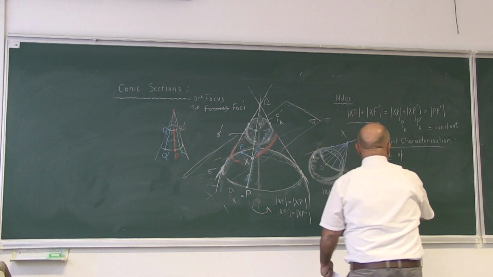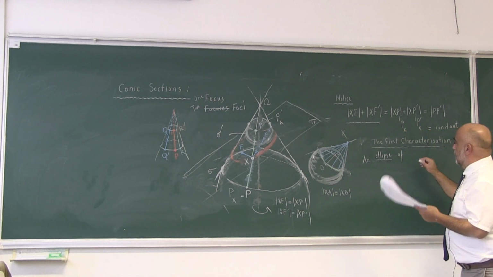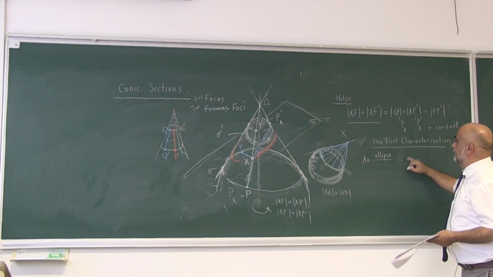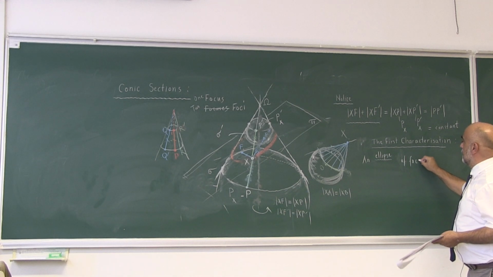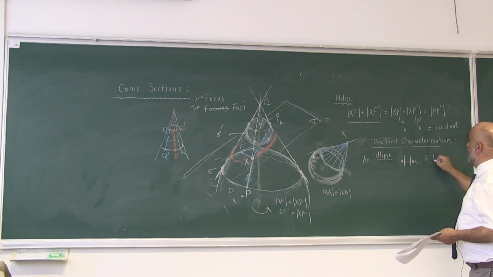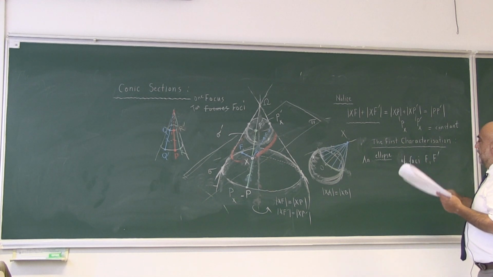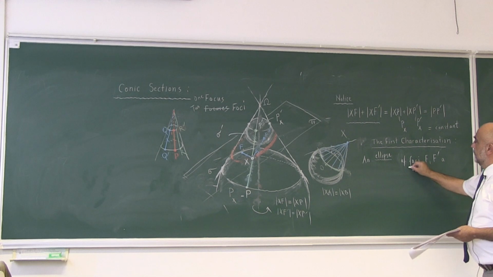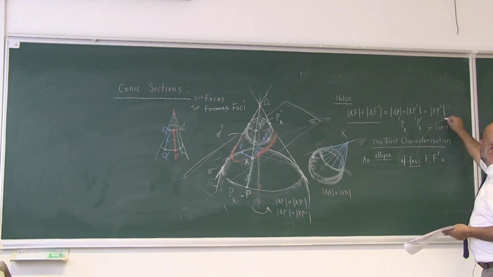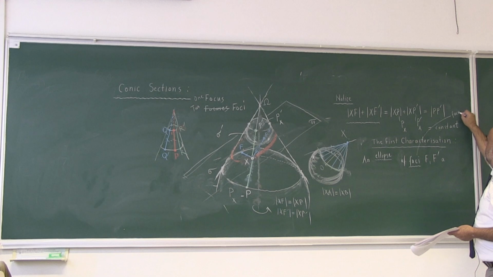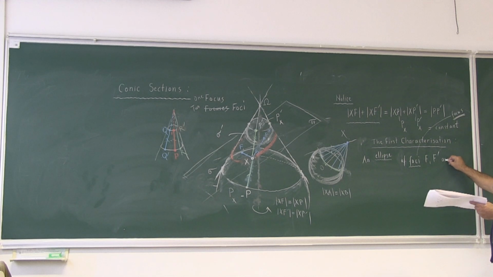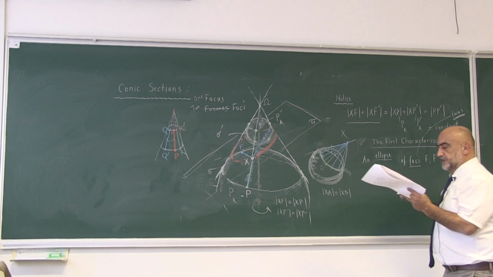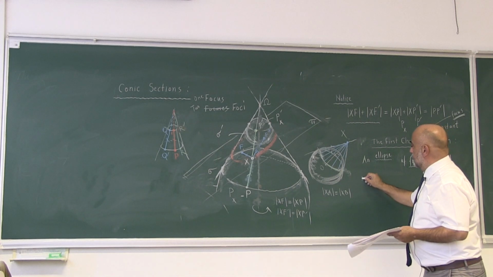So an ellipse of foci f and f prime. Foci is the plural of focus. That's one piece of terminology that's going to be important, and another piece of terminology is major diameter.